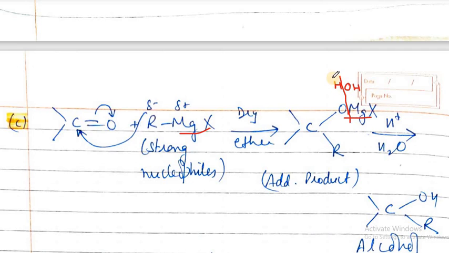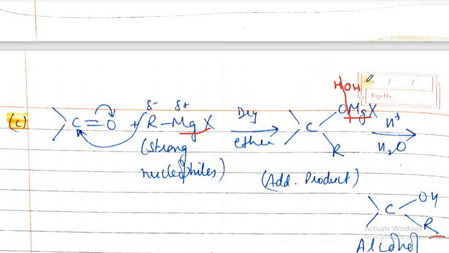Now this hydrogen gets attached to O and the OH group attached to Mg, so we get the alcohol C OH R as such, and here OHMgX is basic magnesium halide. So when aldehydes and ketones are treated with Grignard reagent, first the nucleophile attacks the carbon and the other gets attached to oxygen in the presence of dry ether.